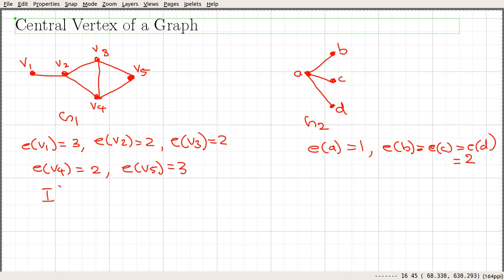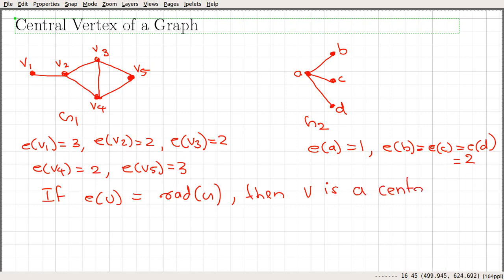So if the eccentricity of a vertex is equal to the radius of the graph, then V is a central vertex of G. If we consider this graph, the radius of G1 is equal to 2, and for this graph the radius of G2 is equal to 1.